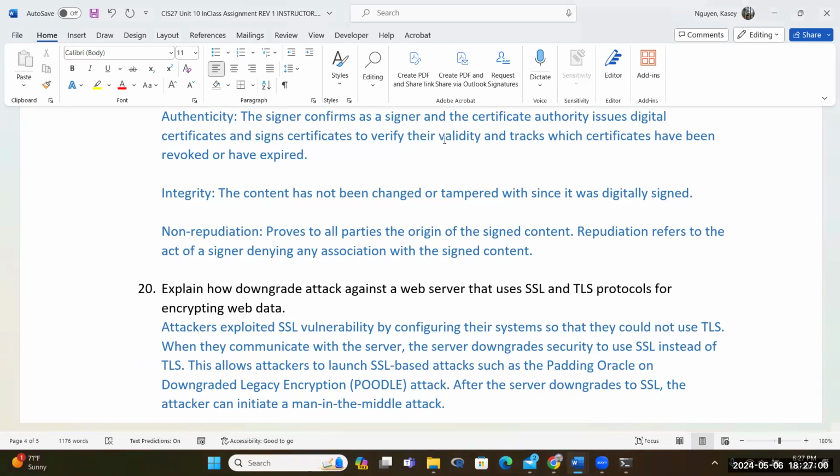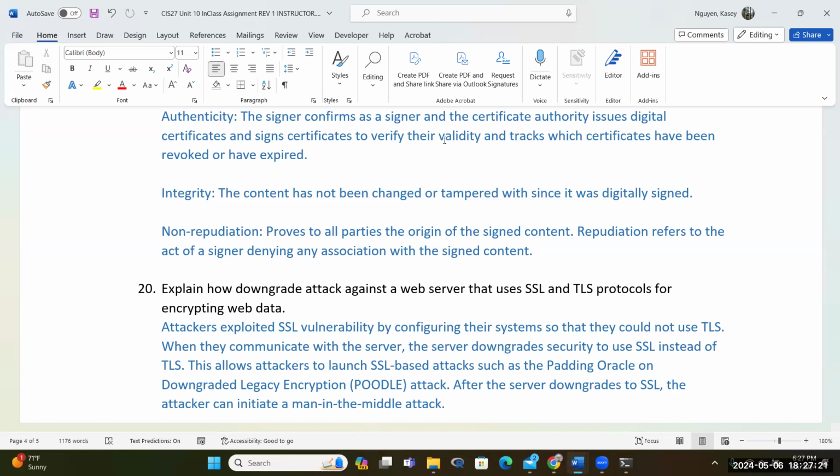So if they scan against the web server and realize the server is using SSL, they would set their system to use SSL, so that the server would adjust, lowering its security to serve what they need.